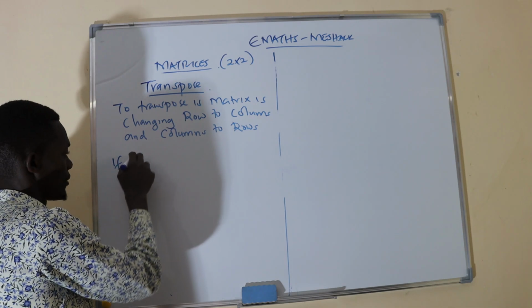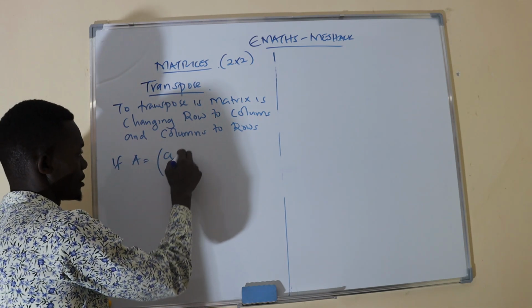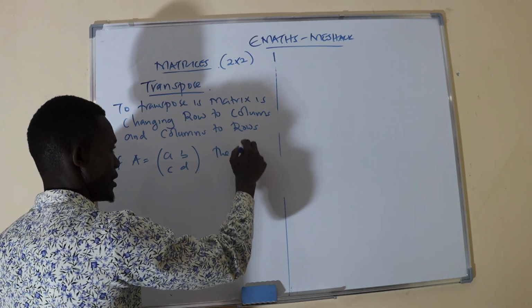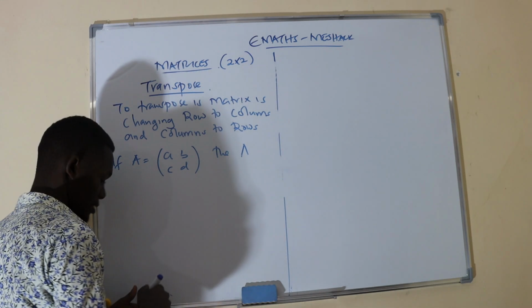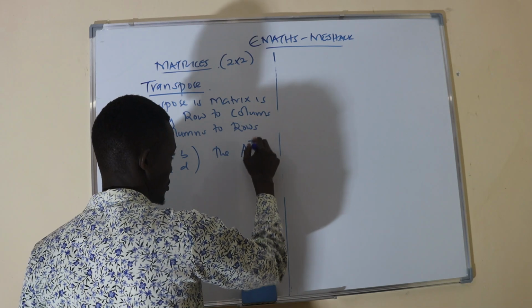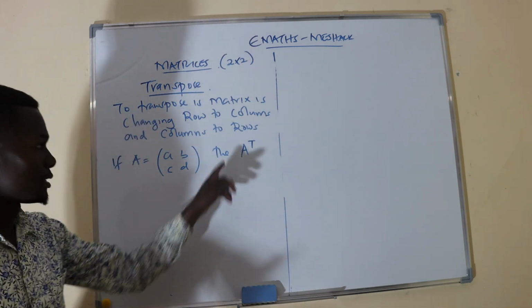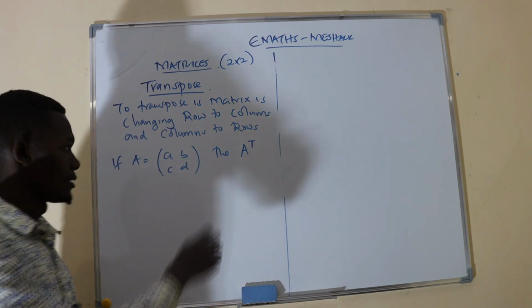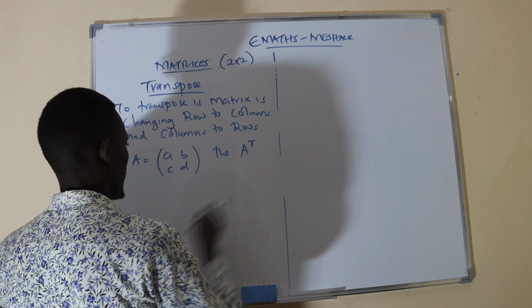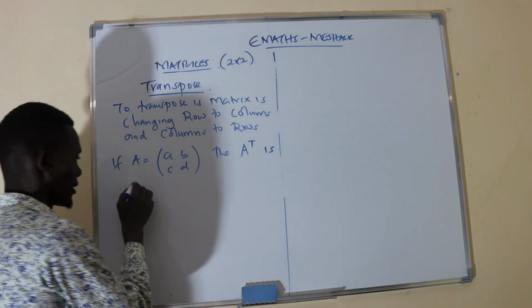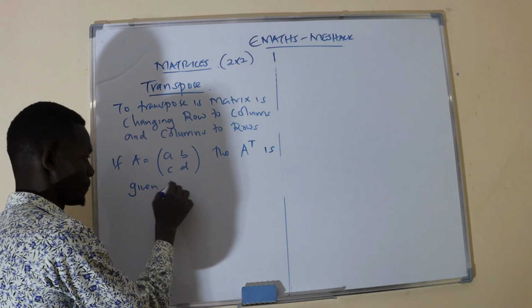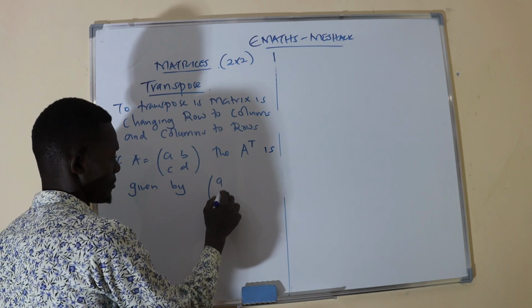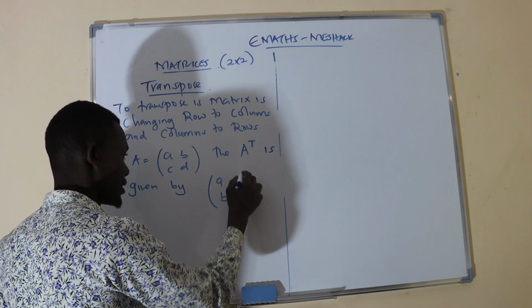So again, if A is given by a, b, c, d, then A superscript T, that is the transpose, is given by a, b, c, d.